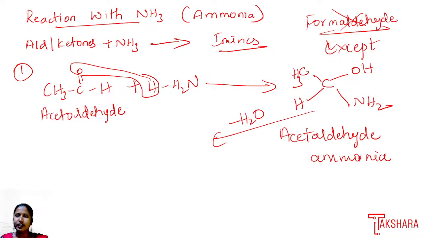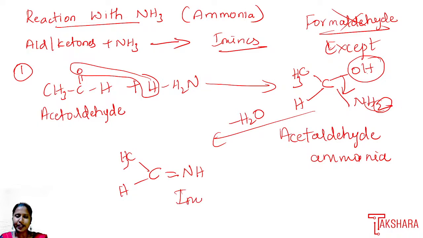Water molecule means here the OH group and one H from the NH2 group. Then, when the bond shifts here, we get the product CH3 and hydrogen atom and double bond NH, which is called an imine.